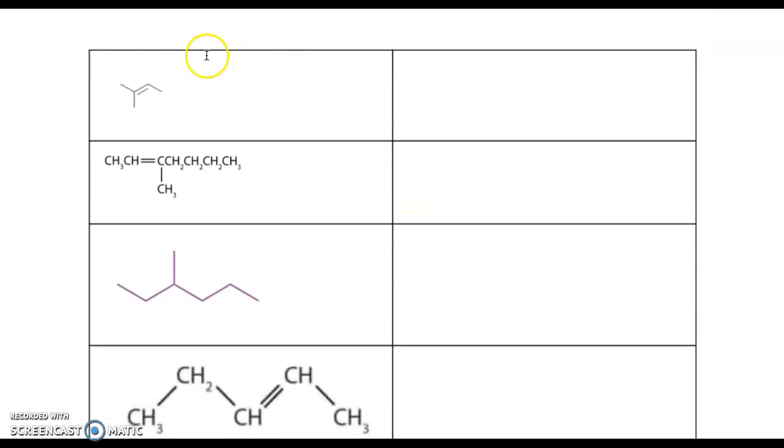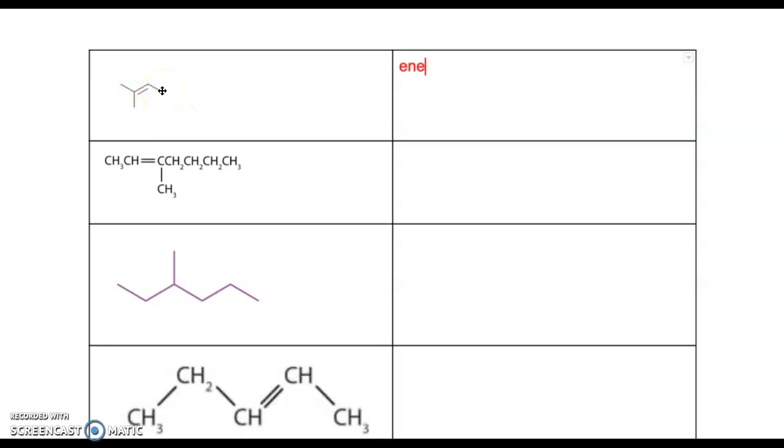Okay, let's look at this skeletal structure. So we can see that there's a double bond in the middle, right? But let's find the longest chain. So if there's a double bond, we can write right away that there is the suffix "-ene". What is the longest chain? 1, 2, 3, 4. So we will have a double bond at 2, and we will have a methyl group at 2 as well, on the second carbon.